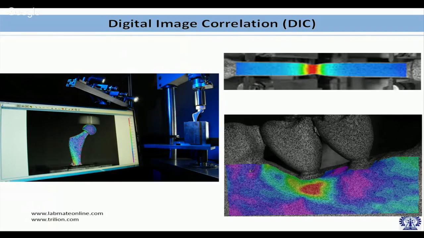The quality of the strain gauge used, the quality of the instrumentation, and the quality of the procedure of the researcher fixing the strain gauge all contribute towards the accuracy of the results. But now we have a technique which is non-contact. However, it is not easy.